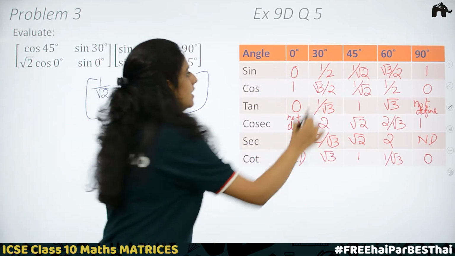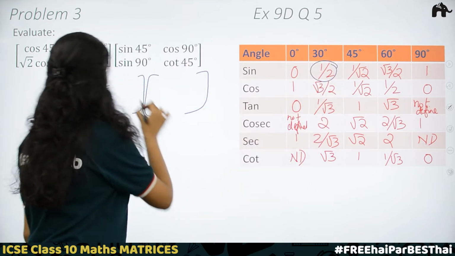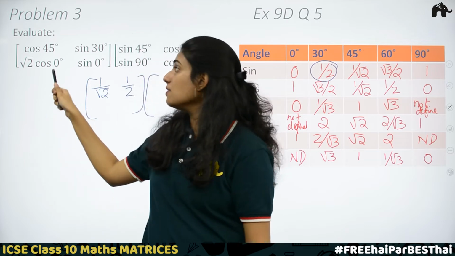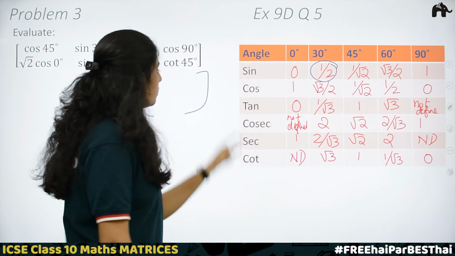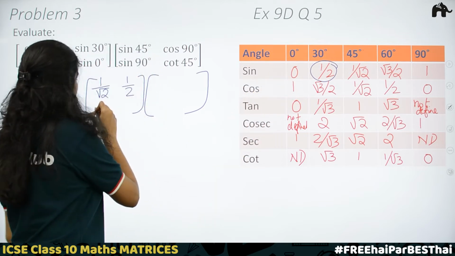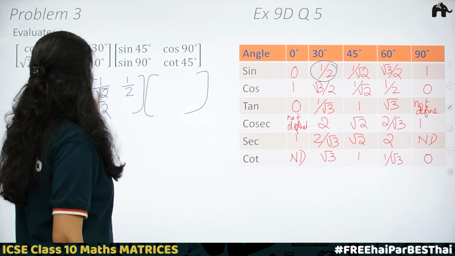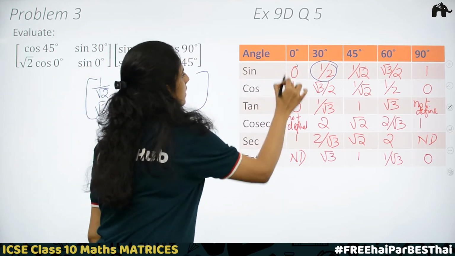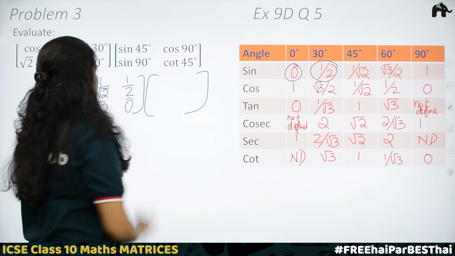Sine 30 degree, 1 by 2. Next, root 2 into cos 0 degree. Root 2 into cos 0. Cos 0 is 1. Root 2 into 1, which is root 2. Next, sine 0 degree. Sine 0 degree is 0. We will take this value 0.